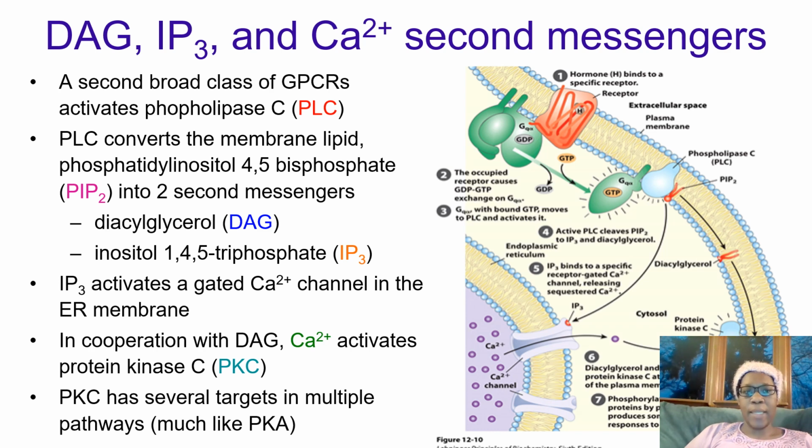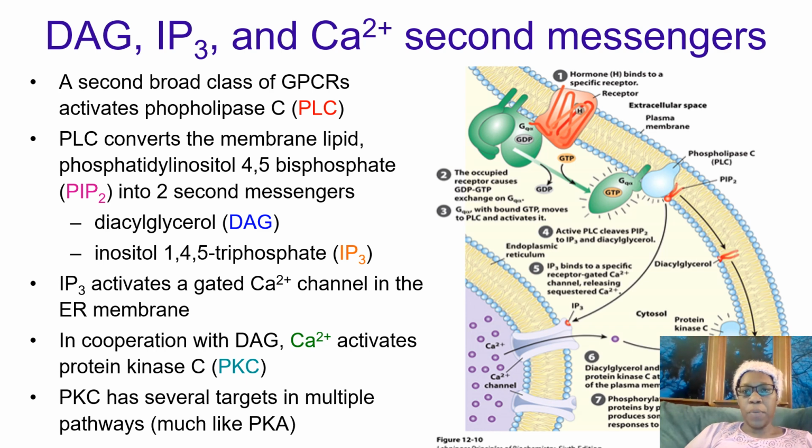One is diacylglycerol, so we just recognize that the backbone of the phospholipid is glycerol, and the other is inositol 1,4,5-triphosphate, or IP3. Inositol is just a sugar, so it's a phospholipid that has a sugar on it that has a phosphate group on the 1st, 4th, and 5th carbon.